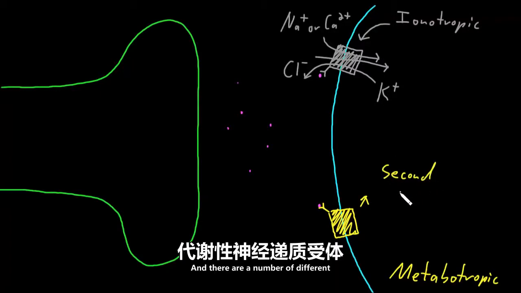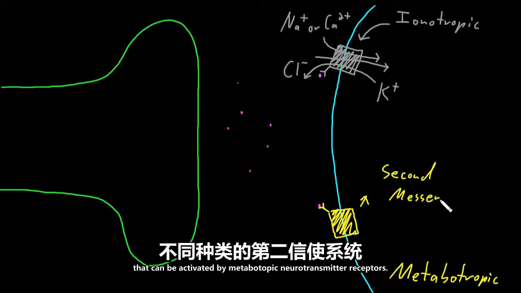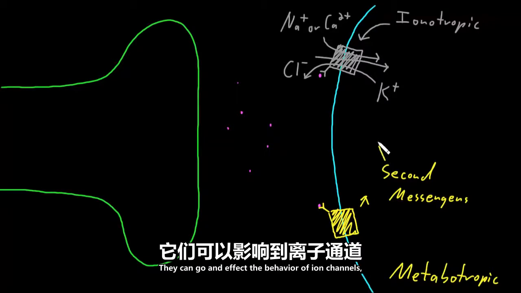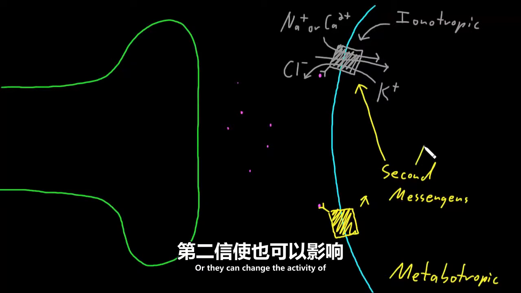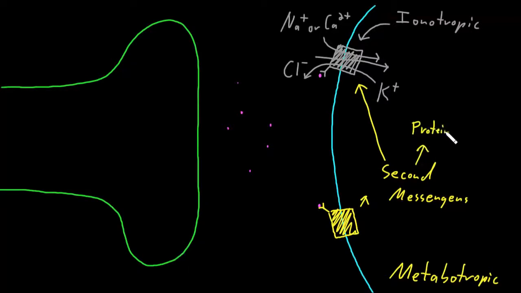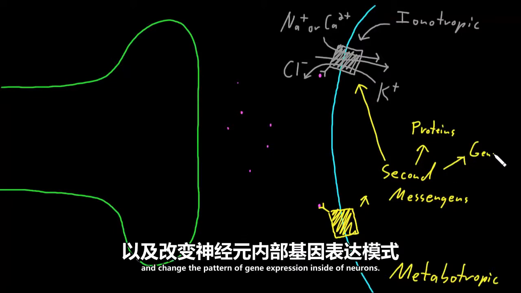And there are a number of different types of second messenger systems that can be activated by metabotropic neurotransmitter receptors. And these second messengers can do a lot of different things. They can affect the behavior of ion channels, causing them to be more or less active, or they can change the activity of proteins inside the neuron, and some can even affect the activity of genes and change the pattern of gene expression inside of neurons.